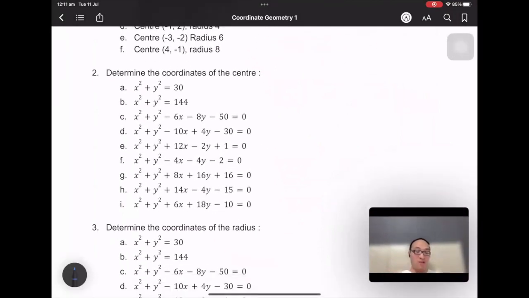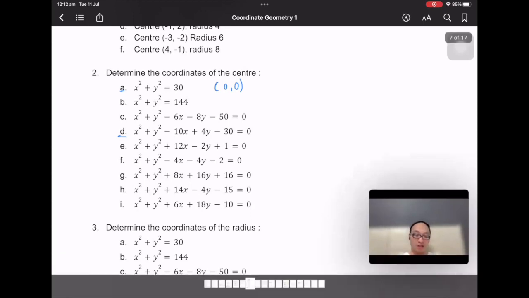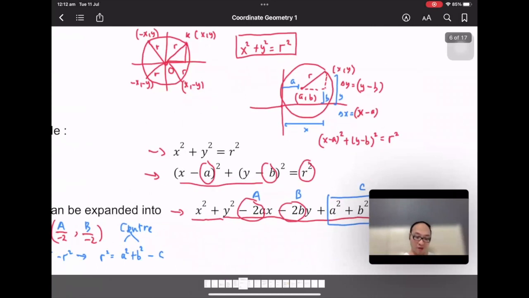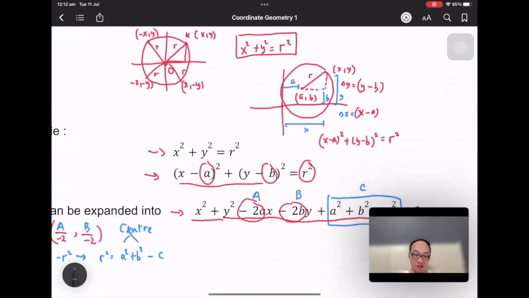So for example, to A, x squared plus y squared equals to 30. The center is 0, 0. Another example, I will choose D. X squared plus y squared minus 10x plus 4y minus 30 equals to 0. So if we see from the equation we have before, A is the coefficient of x and B is the coefficient of y.